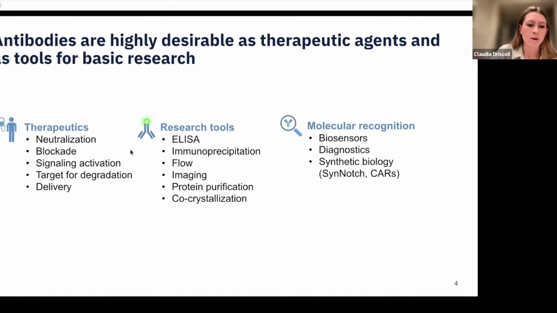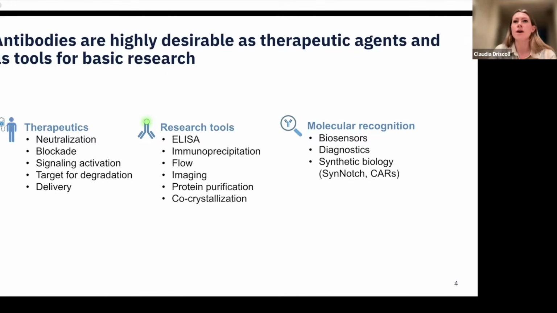Antibodies also play a role in signal activation and are particularly potent as carriers for drug delivery and other delivery mechanisms. But if anyone's ever stepped foot in a lab, they probably will have used an antibody for a research application, for example, ELISAs or IP or in flow cytometry or imaging.